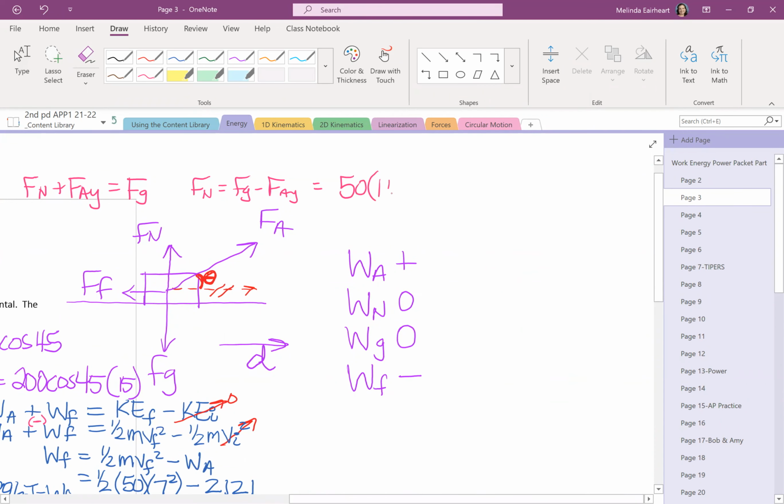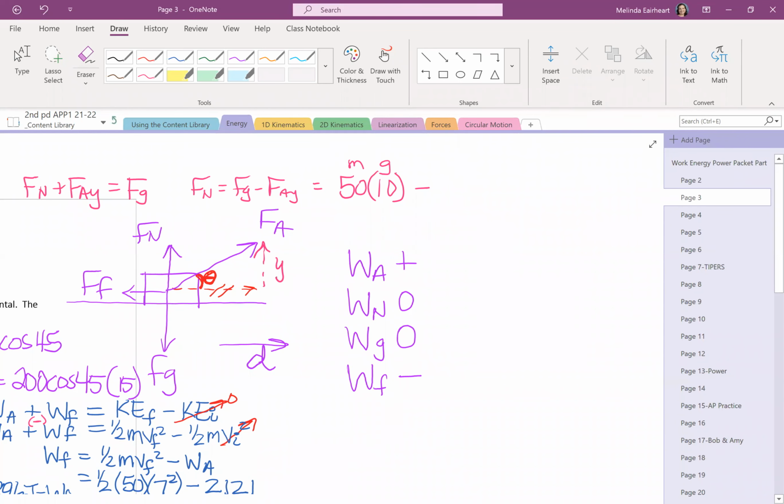So 50 times 10, this is mg, minus Fay. I don't have it on my diagram yet, but when you draw that component in, hopefully you see it's opposite theta, and this is the angle of the pull, not the angle separating anything, not 90 degrees, not 180, not 0. This is the actual 45 degrees to find the force.